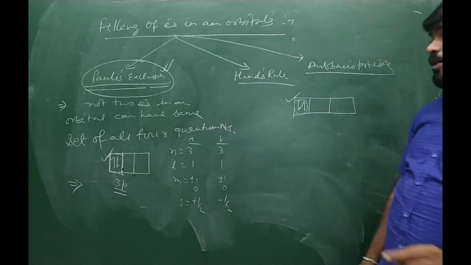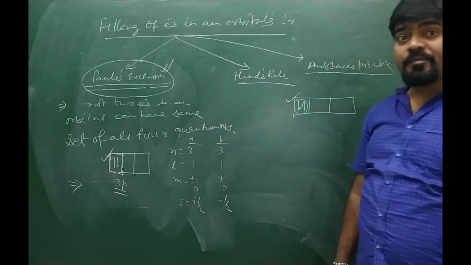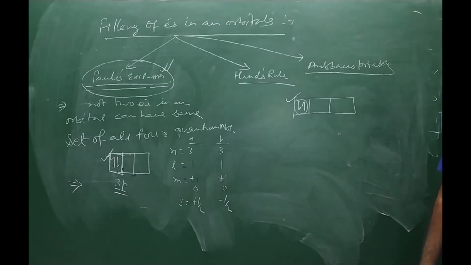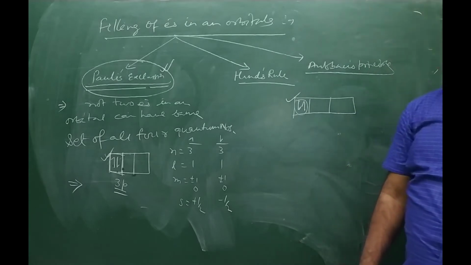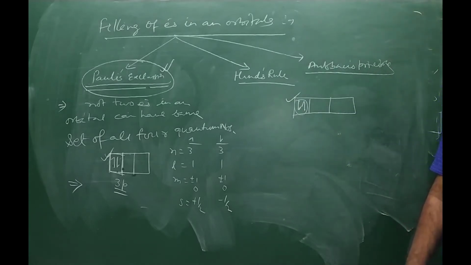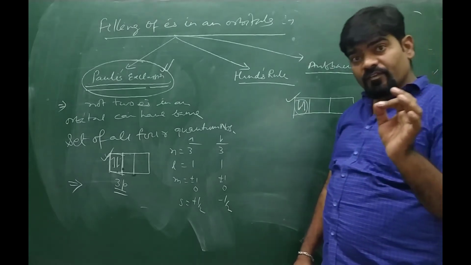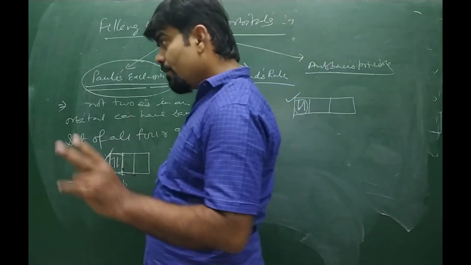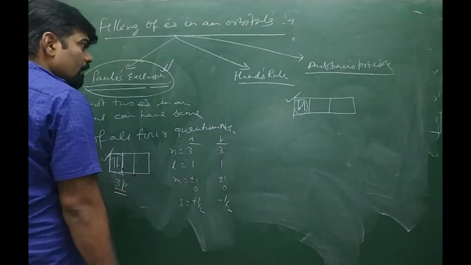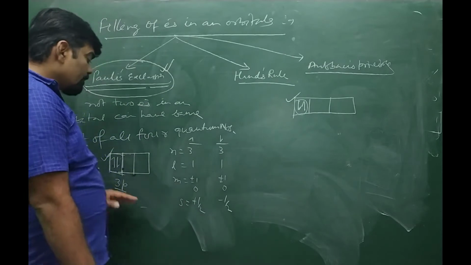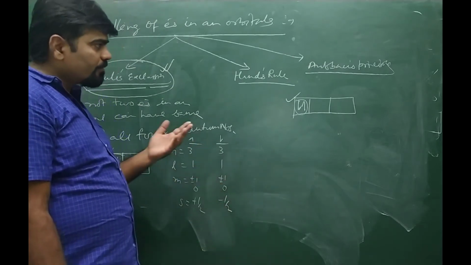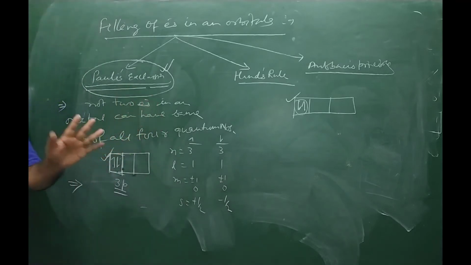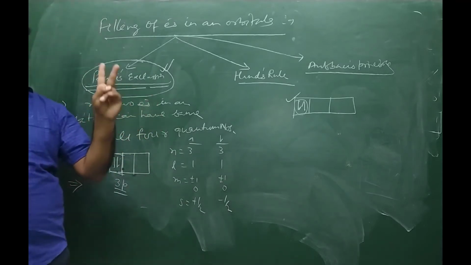So if there are d orbitals, how many electrons can be accommodated? A maximum of 2 electrons can be accommodated in any orbital, whether it is s, p, d, f, g, or h. If the question is about an orbital, a maximum of 2 electrons. If the question is about the p subshell, a maximum of 6 electrons; the d subshell, a maximum of 10 electrons, because the d subshell has 5 orbitals, and each orbital accommodates 2 electrons. The f subshell can accommodate 14 electrons, but each f orbital can accommodate only 2 electrons.